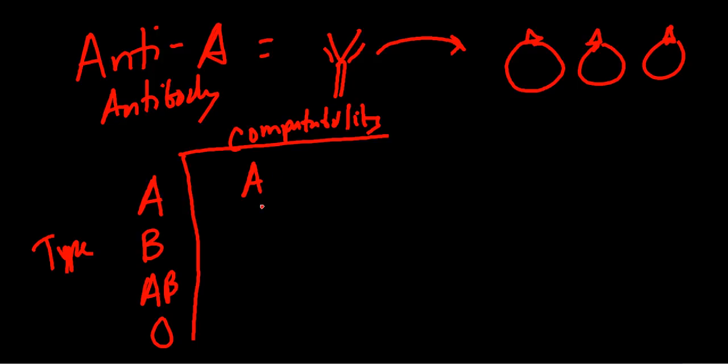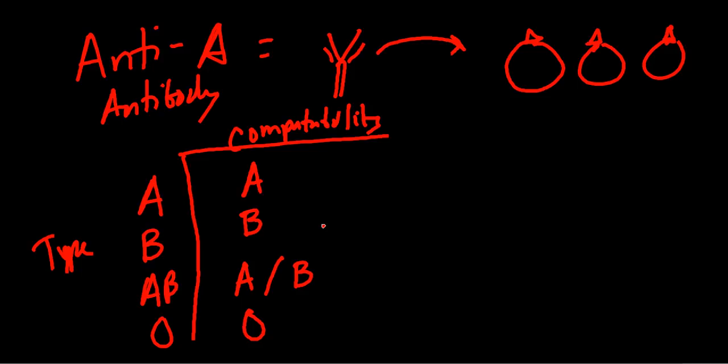Of course. Likewise, blood type B is going to be compatible with B. Blood type AB can be compatible with A or B, while blood type O is going to be compatible with only blood type O. Okay, that makes sense.